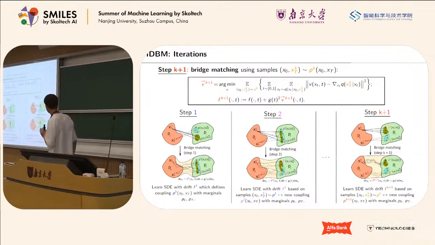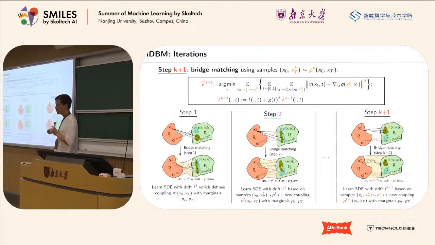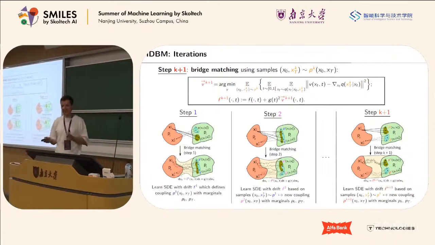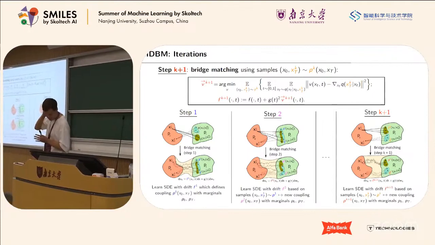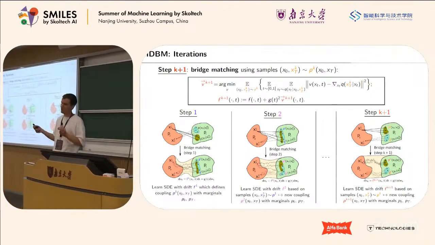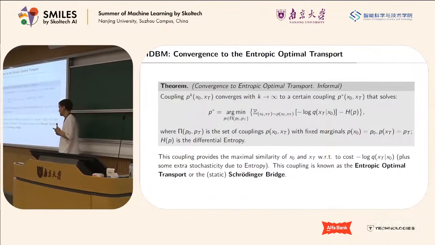So nothing special changes compared to this, except that you work with diffusions now, not with ordinary differential equations. And surprisingly, this procedure converges. Well, not very surprisingly, right? Because when we talked about rectified flows, I gave you a result explaining that it converges to some ordinary differential equation with straight trajectories. In this case, it is even clearer where it converges.